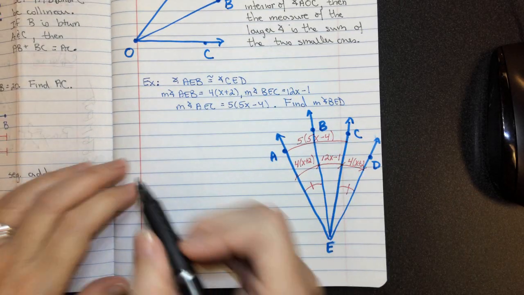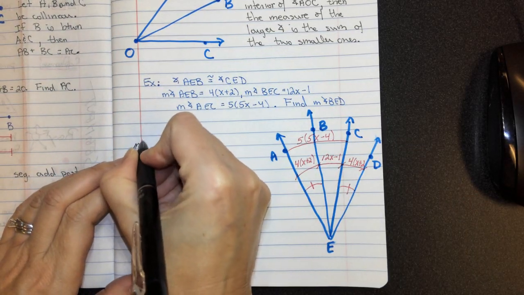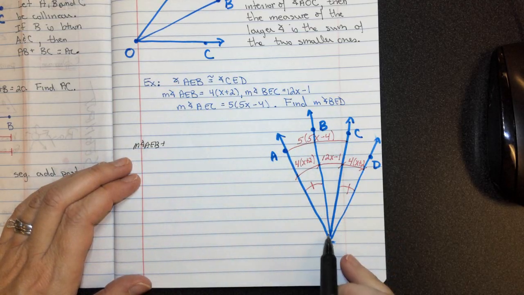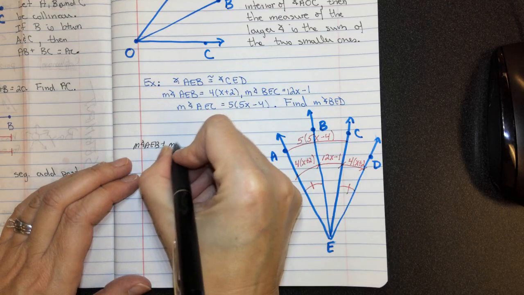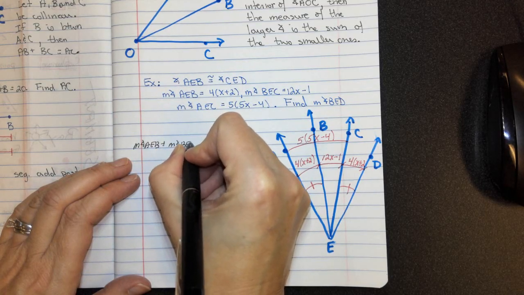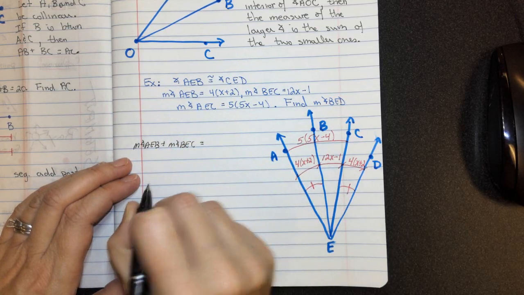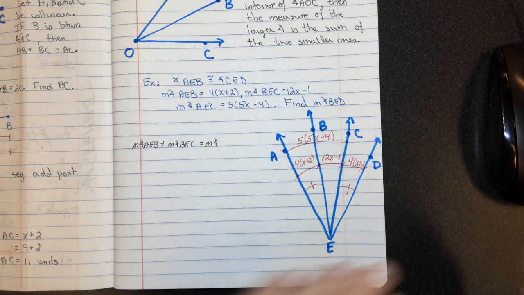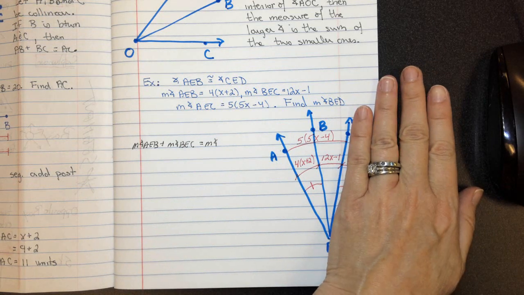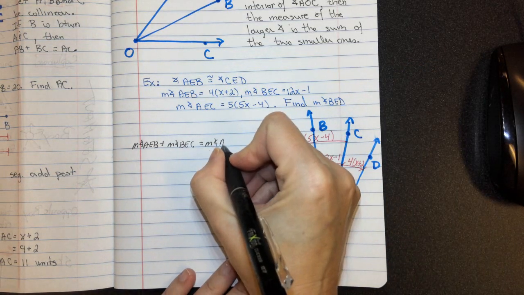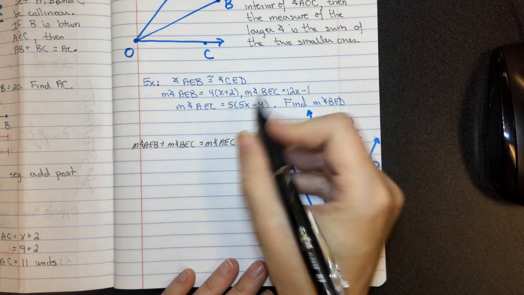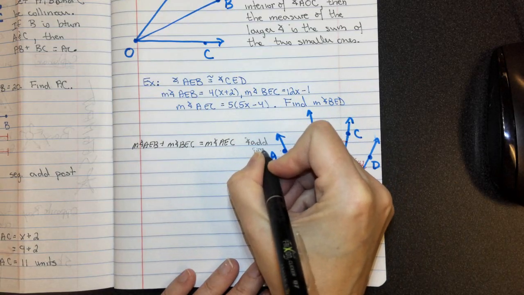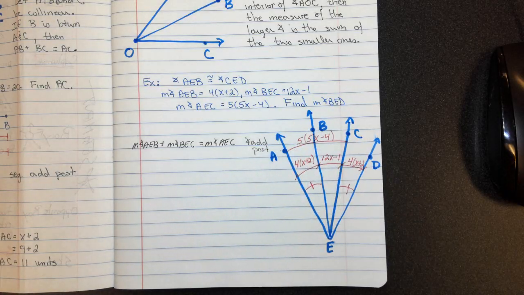So the measure of angle AEB plus the measure of angle BEC is equal to the measure of angle AEC. We're ignoring this piece right now. And this is called the angle addition postulate. That's why we're doing it.